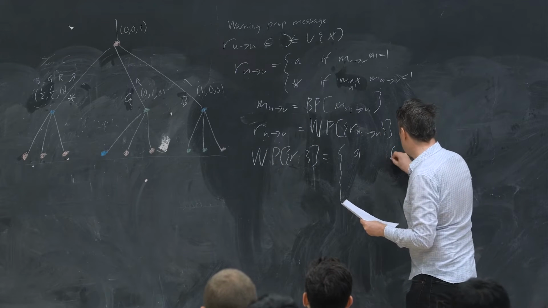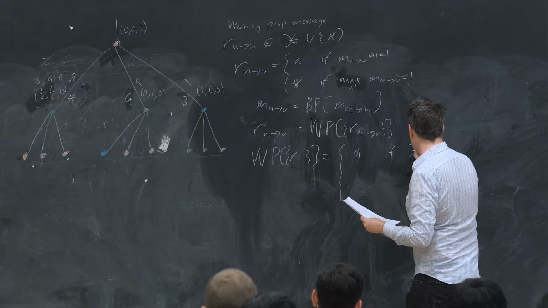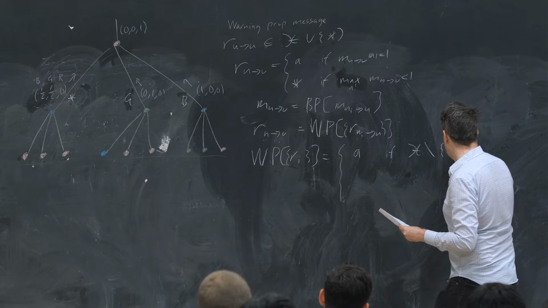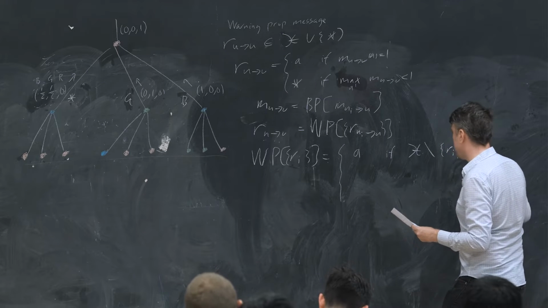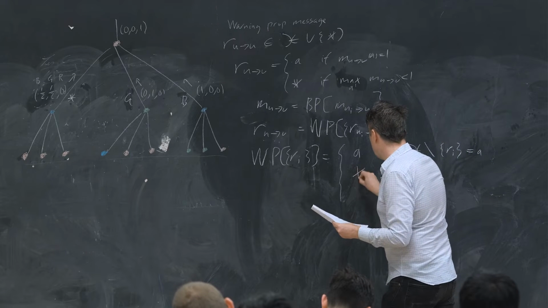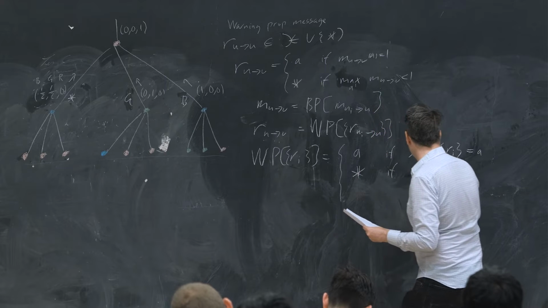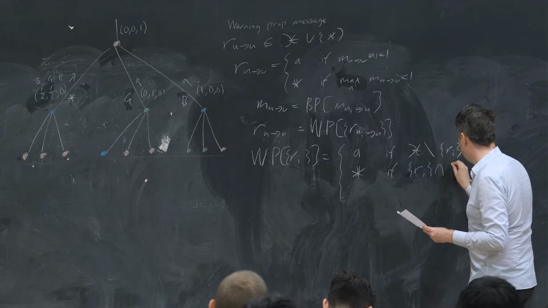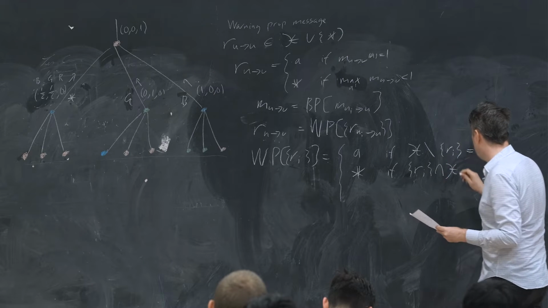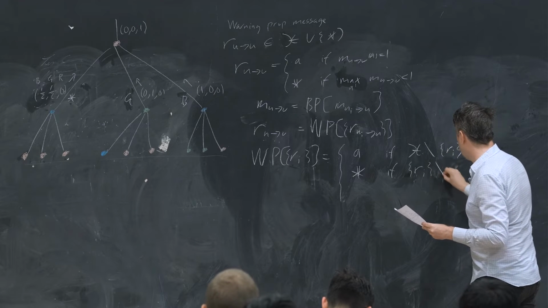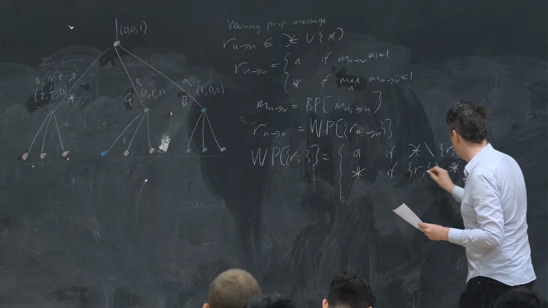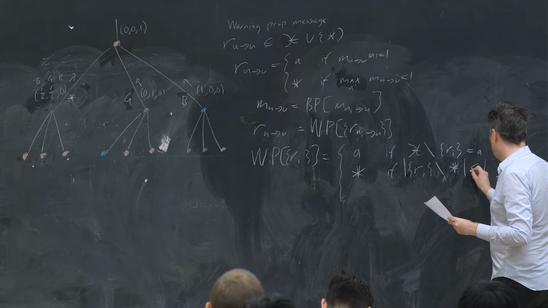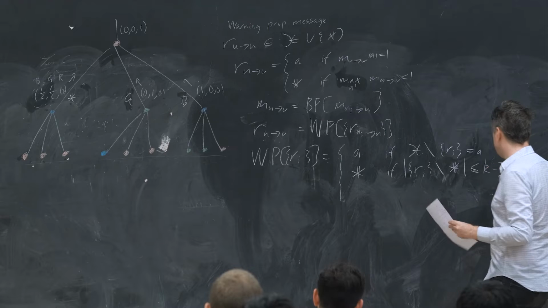So if all of the other colors minus the set of incoming messages is equal to A, then the message is A. And it's equal to star if I look at all of the incoming messages, maybe minus the star message, and this has size less than or equal to k minus 2.